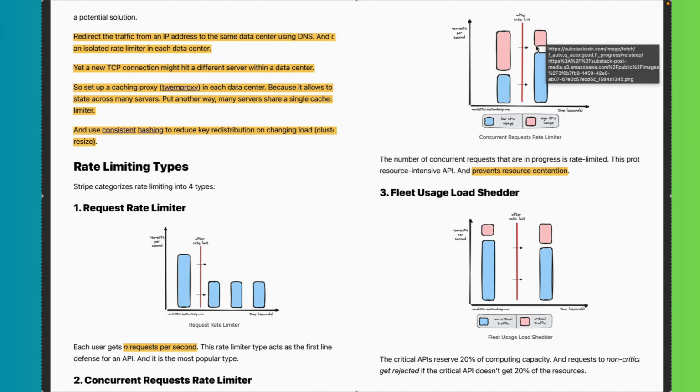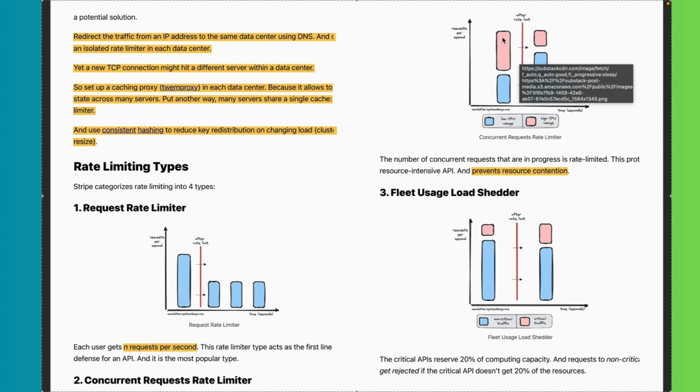You'll have some percentage available for high CPU-intensive usage, and some percentage for low CPU-intensive usage. Let's say before rate limiting, high CPU usage was covering this much, but later only 20% of requests will be resource intensive and the rest will be given to low CPU usage requests. That's the concurrent request rate limiter.